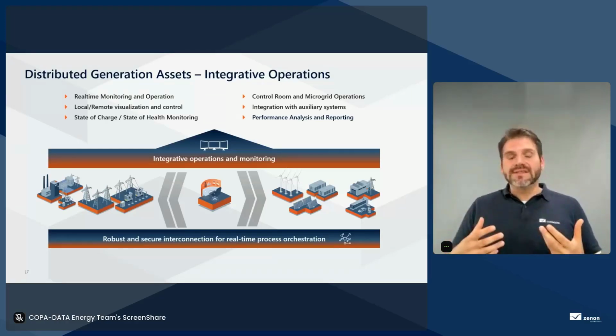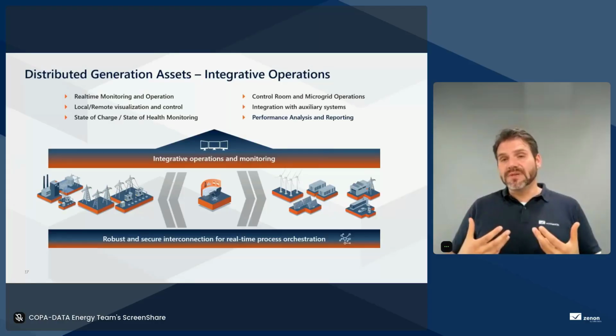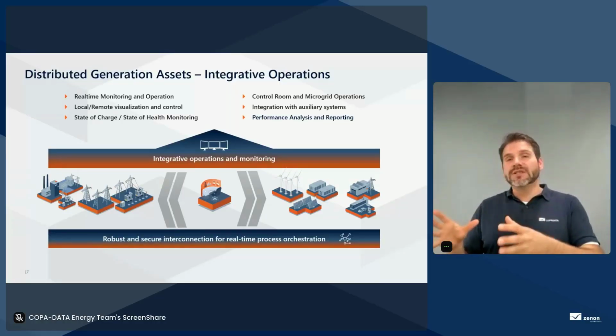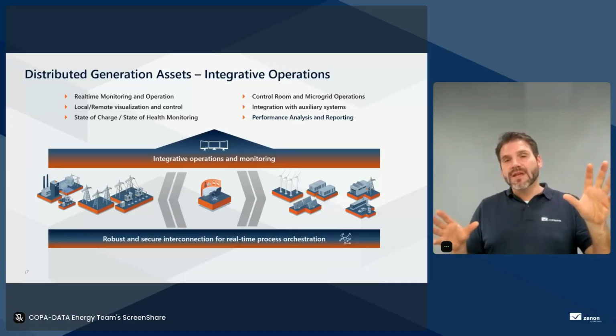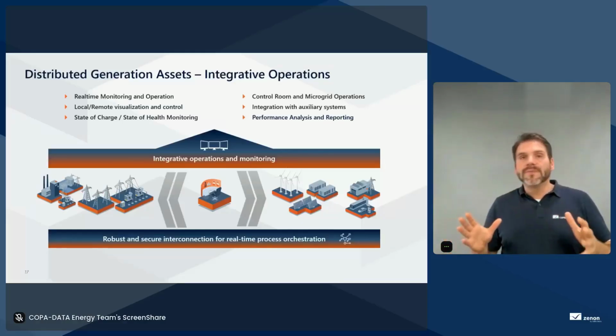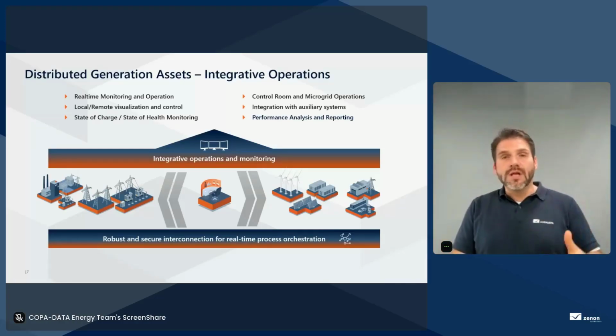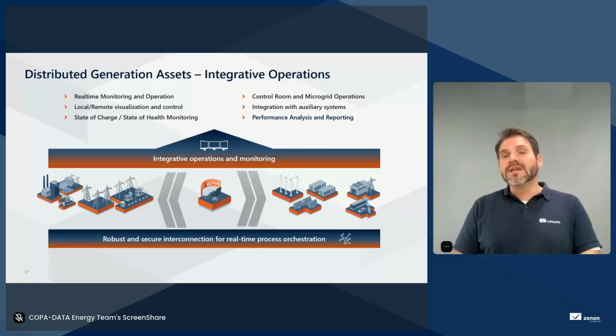And because the system is equipped with a lot of connectivity possibilities, it's also very flexible to integrate auxiliary systems. Think about a large-scale battery, which typically needs some kind of HVAC system in order to control the temperatures in the process or in the environment, or an additional fire detection system, or a building management system, which requires certain communication protocols in order to be monitored or controlled. Luis will later give you an overview of the specific possibilities of the system.